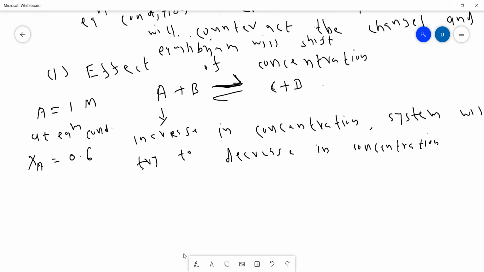Now second is the effect of temperature.